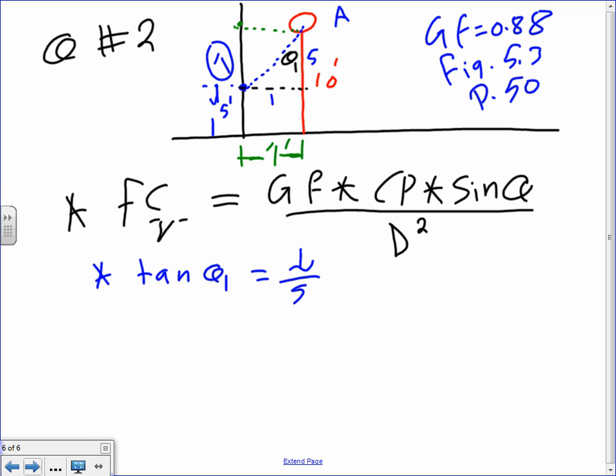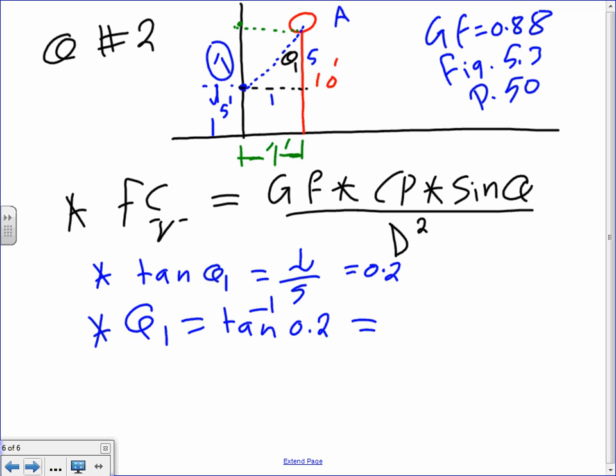So that will give me 0.2. Then Q1 equals tan inverse of 0.2. Anybody can give me a tan inverse of 0.2, please?